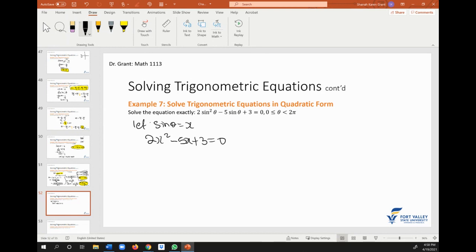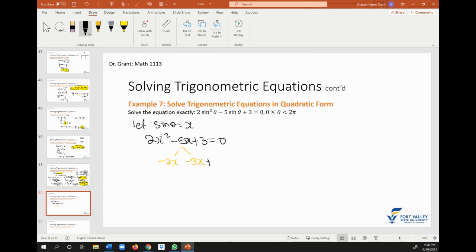So we're looking for two numbers that multiply to give us 6 and add to give us negative 5. Well, no, it's going to be 2 and 3, actually. It's going to be negative 2x minus 3x. There we go.